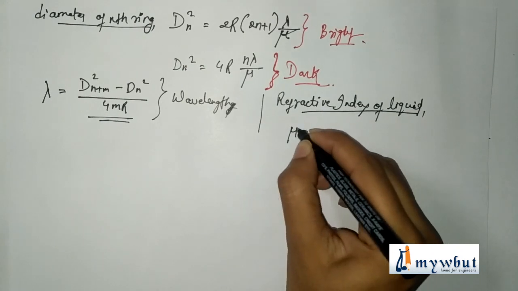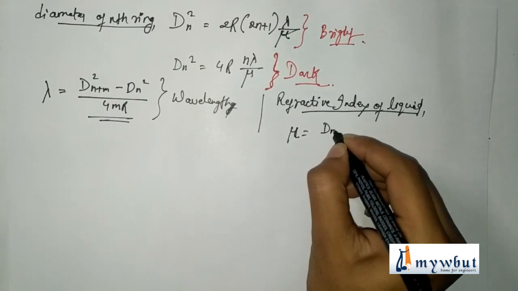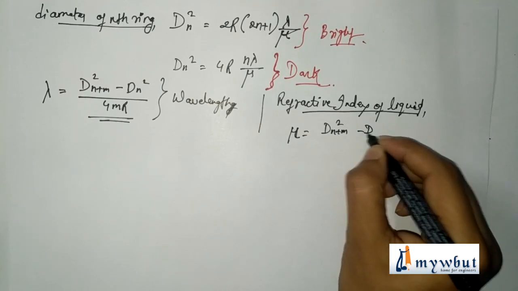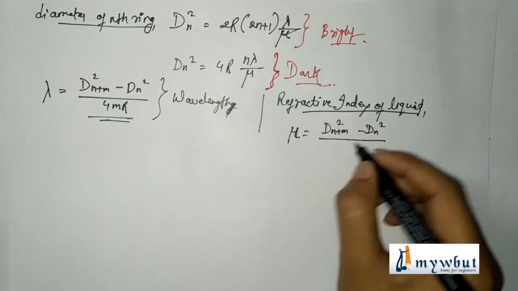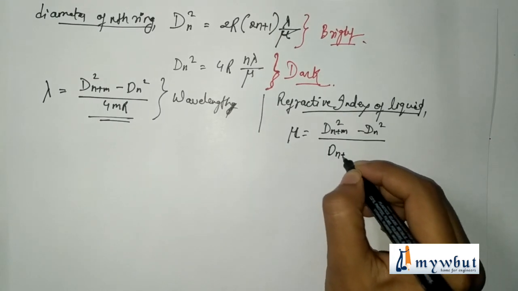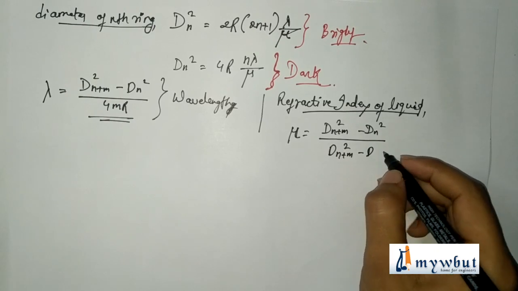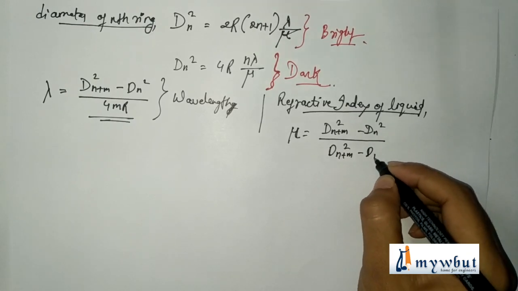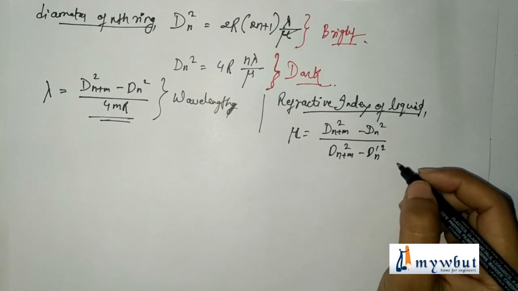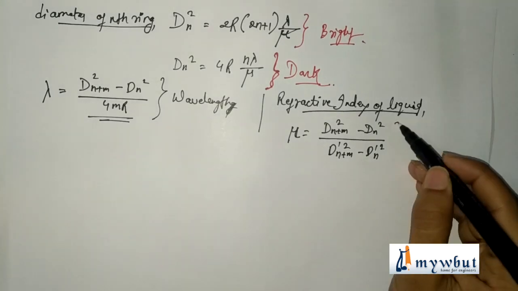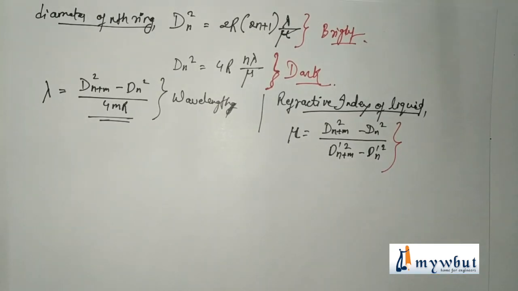It will be mu equal to dn plus m whole square, that is the diameter of the n plus mth ring, minus dn square, divided by dn plus m dash square minus dn dash whole square. So this is the formula for the refractive index of the liquid.